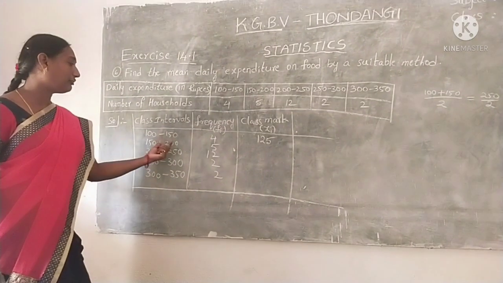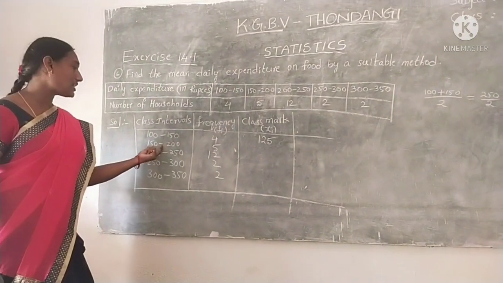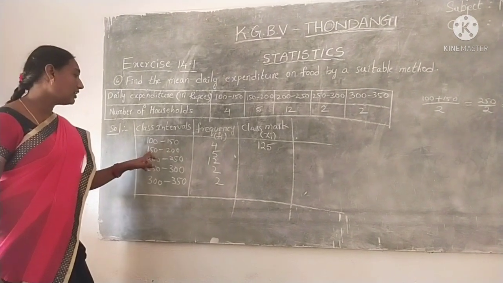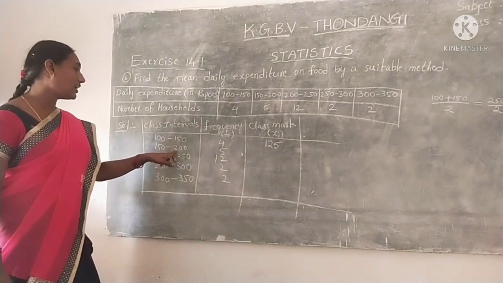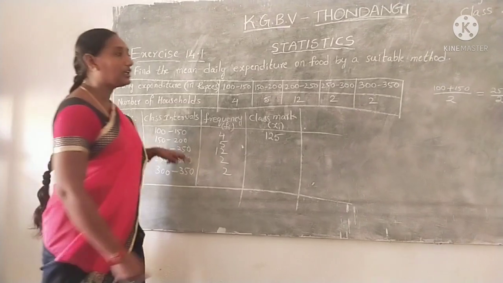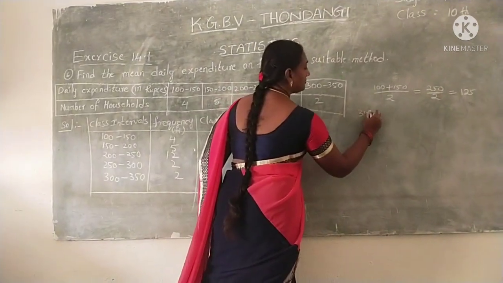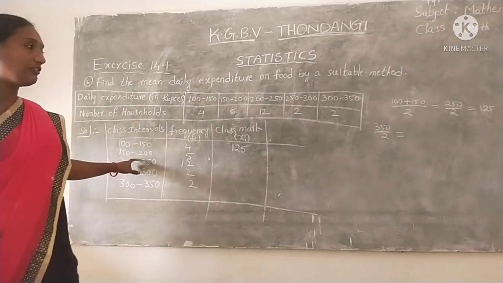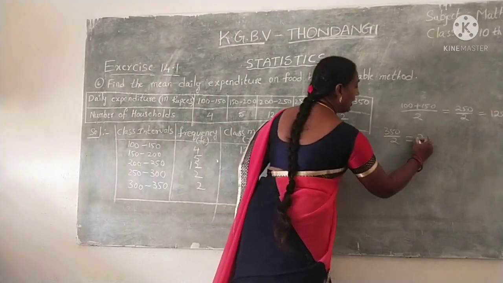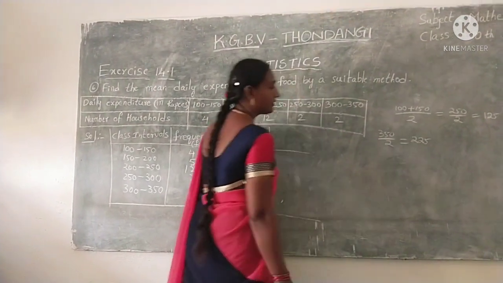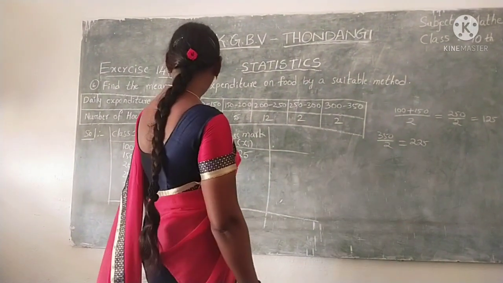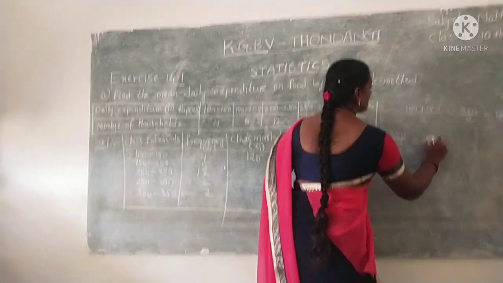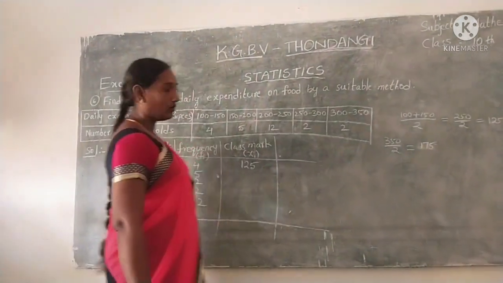Next one, 150 and 200. The total is 350, and 350 by 2 is 175.